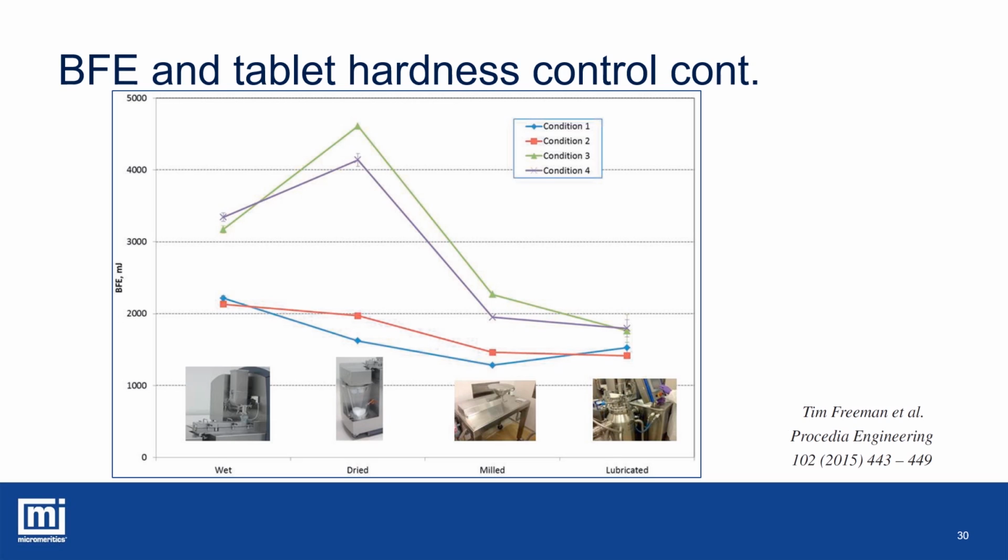It is also obvious that conditions 1 and 2 gave granules with similar processing responses, and conditions 3 and 4 gave granules with similar processing responses. So this shows it's possible to generate a very similar granular blend from differing processing conditions.